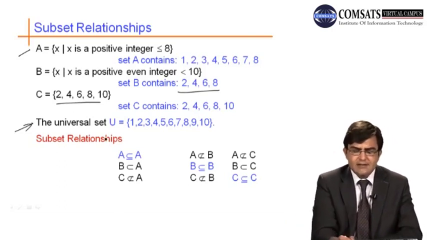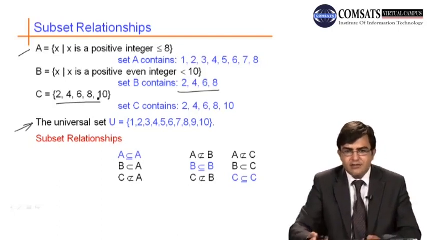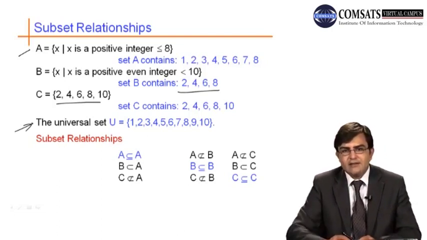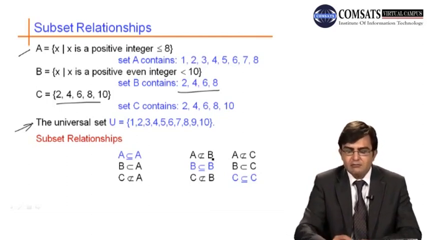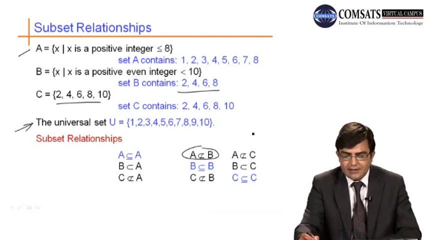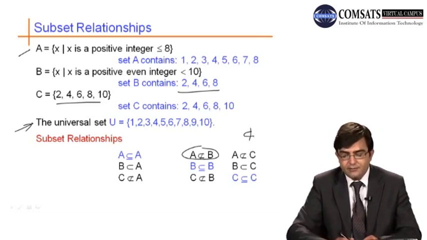Now subset relation, A is subset of A. This is always true. Any set is always the subset of itself. A is not subset of B, we denote it by this. A is not subset of C, we denote it by subset, and we cross it. This is basically the notation of not subset of another set.